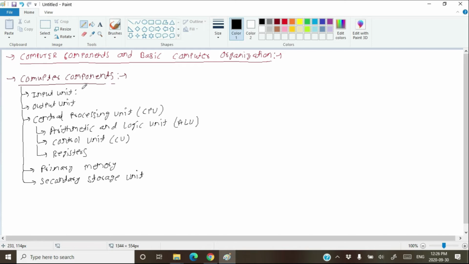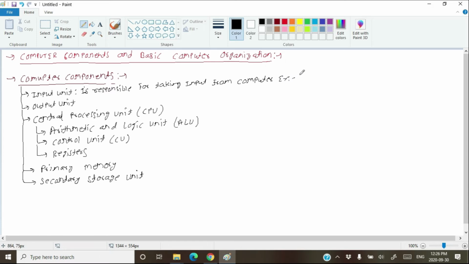The input unit is responsible for taking input for the computer. Can you give me a few examples of input unit?